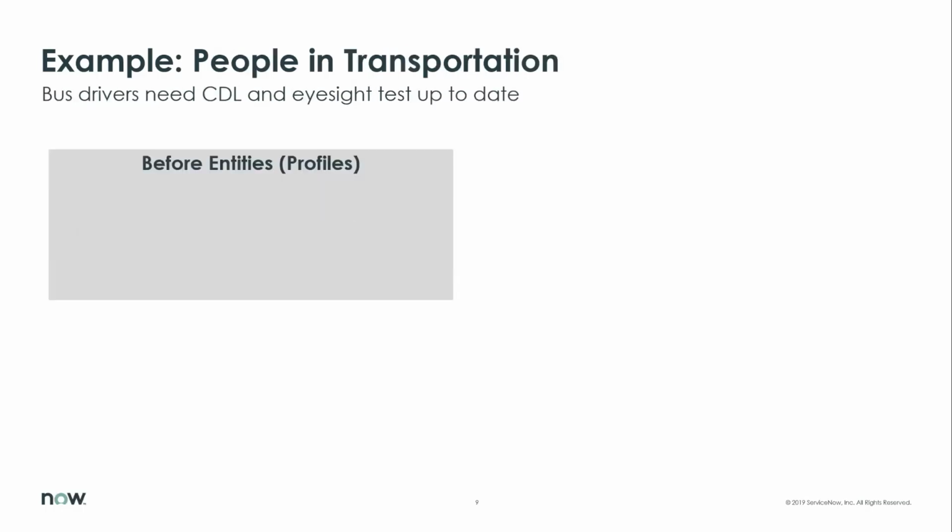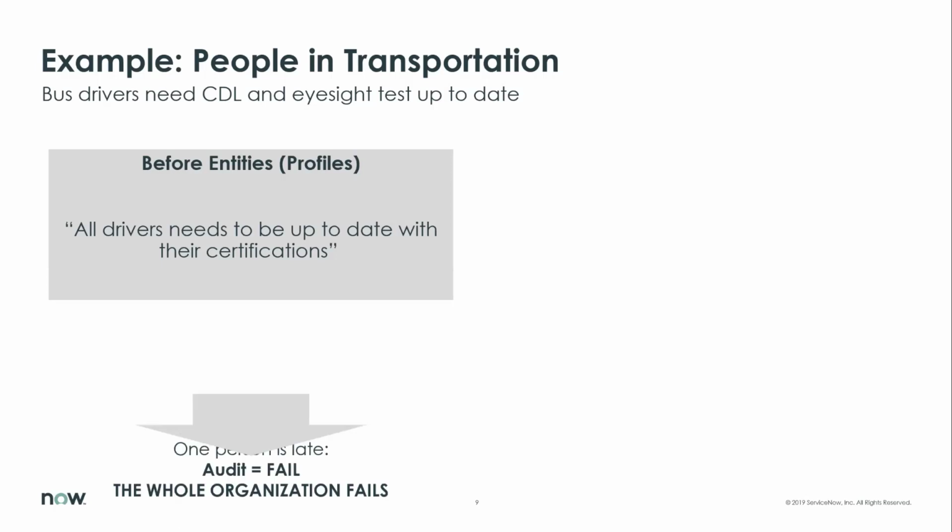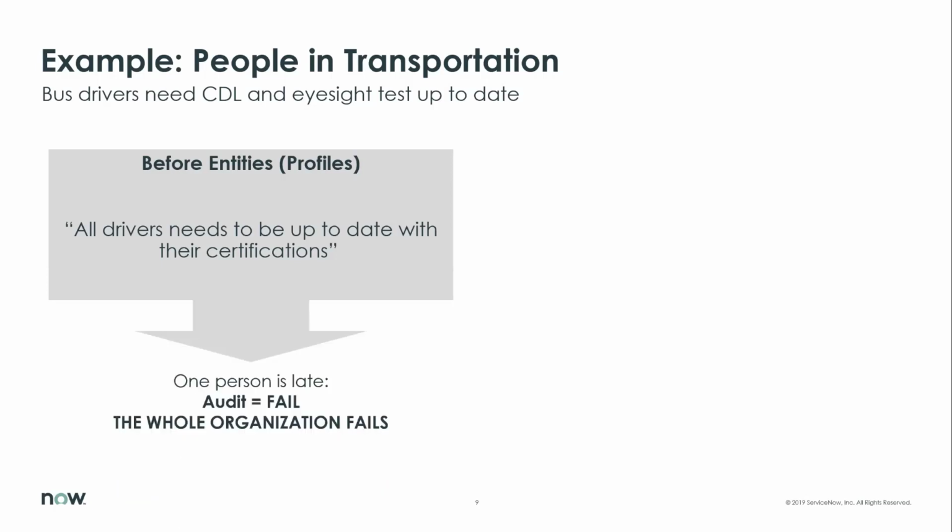To give another non-IT example, in the transportation industry, you've got bus drivers, you've got people that have to maintain a license, right? A CDL and an eyesight test, and there's things that they have to do in order to be a driver. Well, how do you know that those individuals are up to date on their certifications? In this case, you can actually have an entity be an individual, a person, and the task assigned to them is you need to provide on an annual basis a copy of your CDL or an eyesight test.